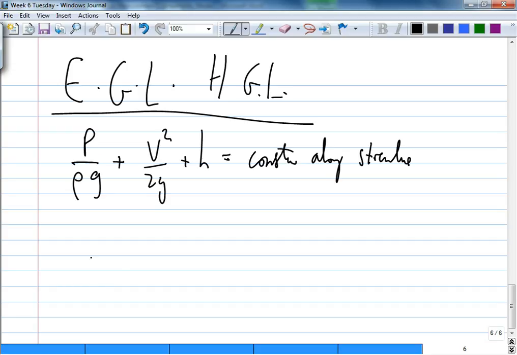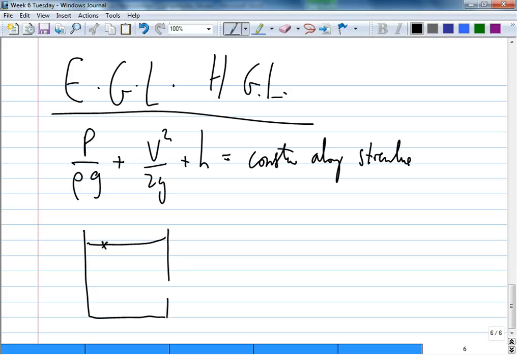So if we have a tank, let's assume our streamline starts from here. What energy does the flow have at that point?